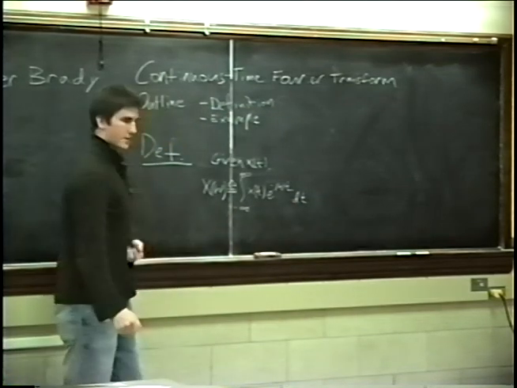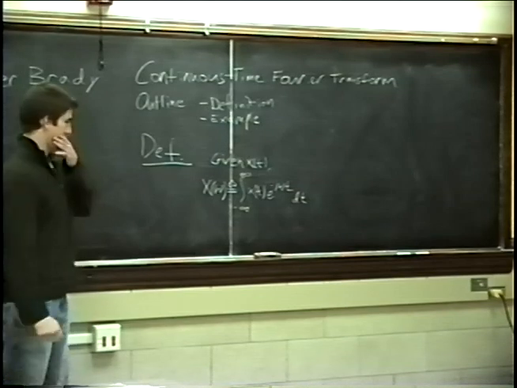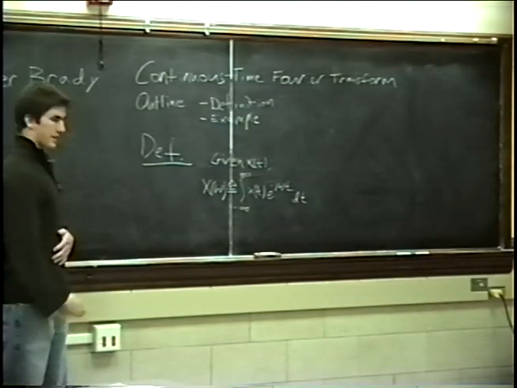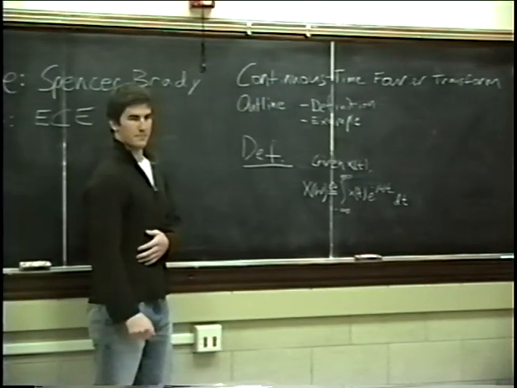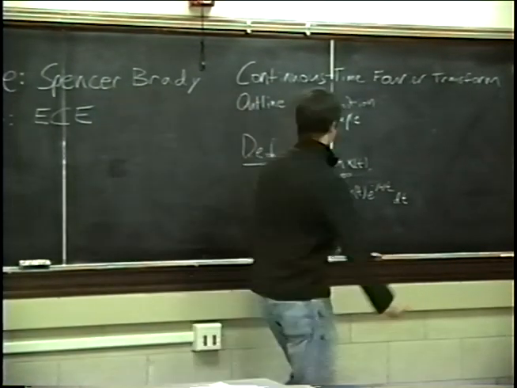Any questions about my notation? All right. So that's the definition of a Fourier transform. The next part, we're going to give you an example how to compute it. So here's my example.